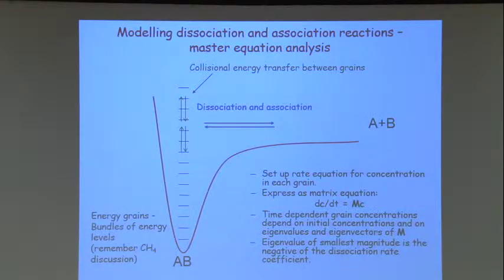And these might have a width of 50 wave numbers, say a kilojoule per mole or something like that. So we have a whole set of grains, and we can talk about the numbers of rotational and vibrational states that have energy within that grain. It's obviously related to the densities of states, but we call it N of E, the numbers of states in those grains.